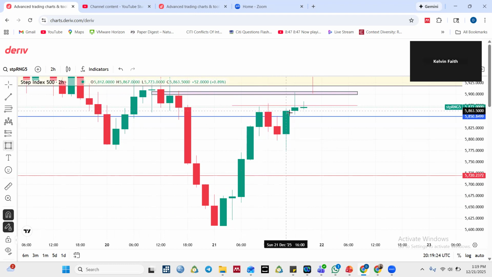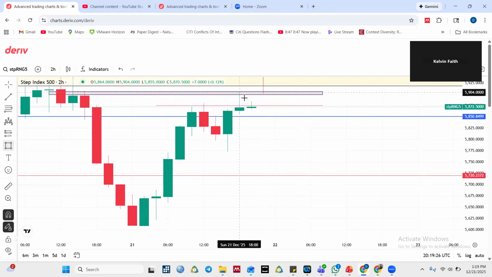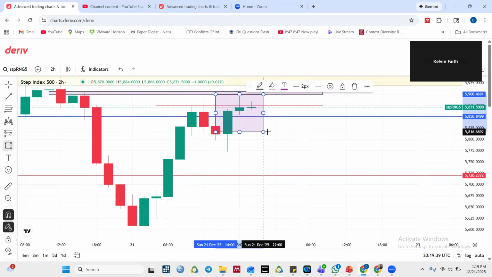Then we got a bullish candle, a doji. We need this 2 hour candle to engulf up to somewhere here and close. Once that happens, we are going to have a 2 hour evening star here. This is going to confirm for us to sell.